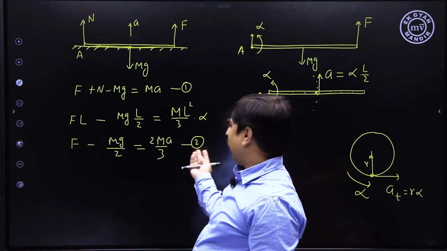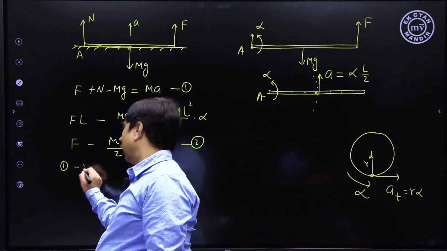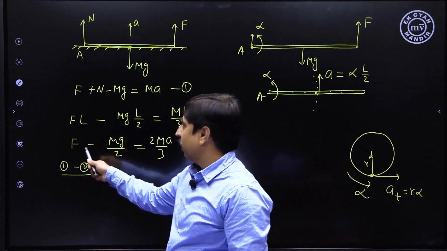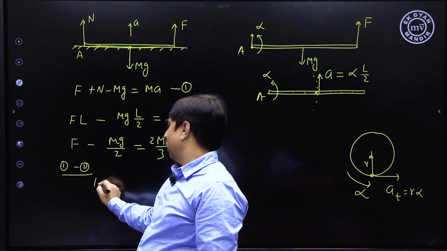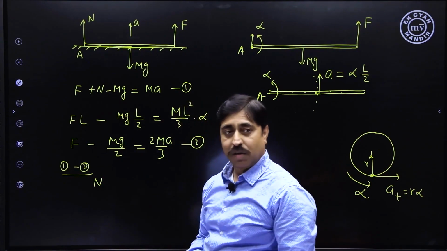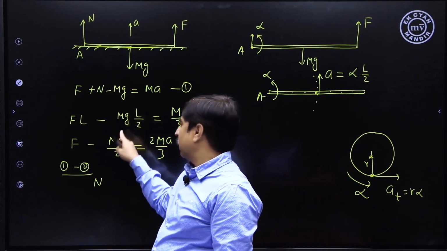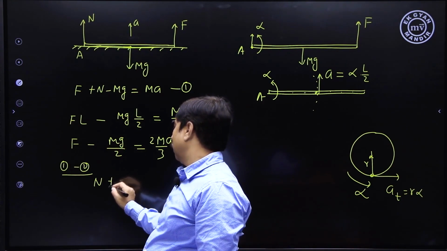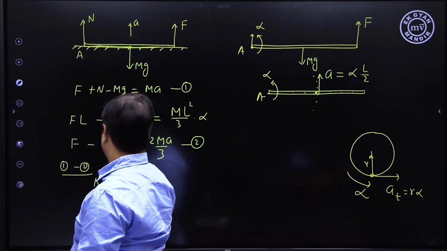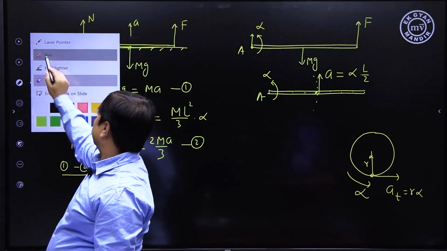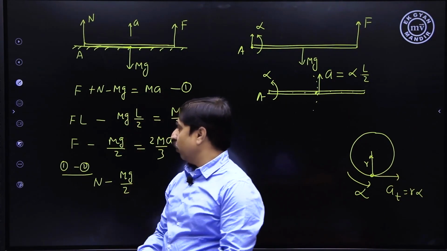I will subtract equation 2 from equation 1. So, 1 minus 2: minus F plus F cancels out. Here it is n, this is minus mg, this will be plus mg by 2. So, minus mg plus mg by 2 will be, sorry, minus mg by 2. Do you understand what I am doing?